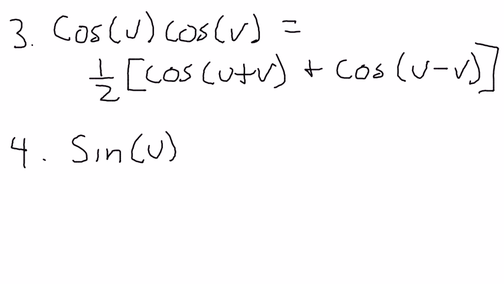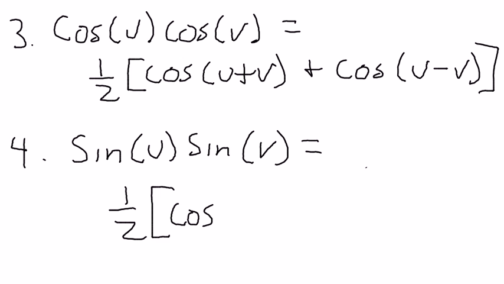So the sine of u times the sine of v. We can write that as 1/2 times the cosine of u minus v minus the cosine of u plus v.